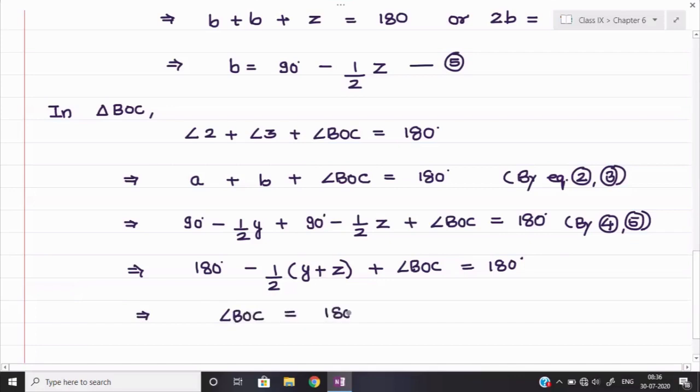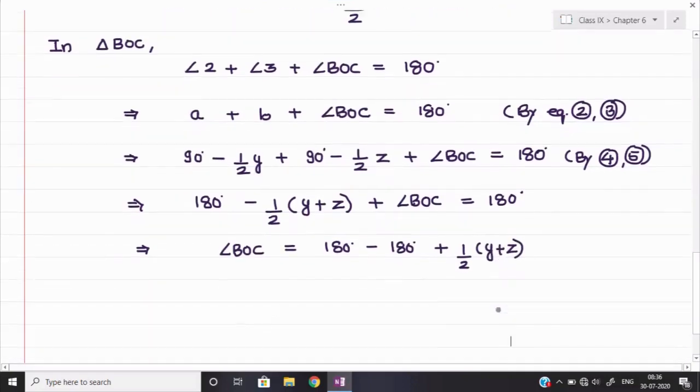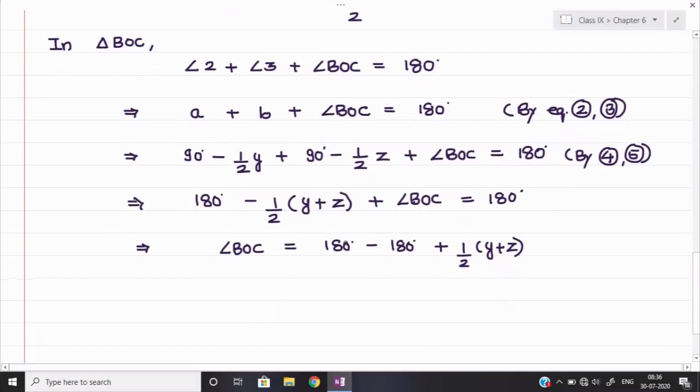So the 180 degrees which is lying already on the right hand side, one more 180 is going on that side, becoming minus 180, and minus 1 upon 2 is going on that side with y plus z, which will become positive. Okay, so now 180 and 180 would be cancelled. So we get here angle BOC is equal to.